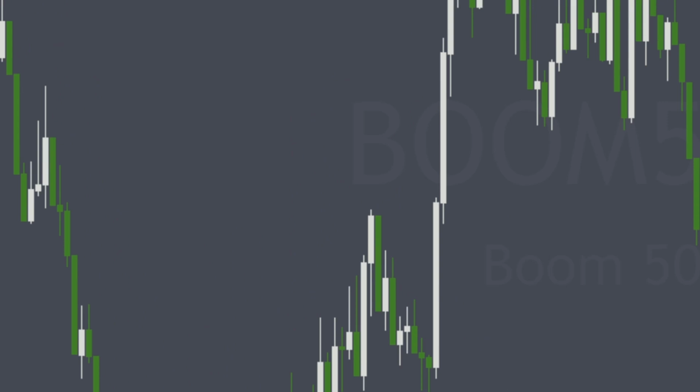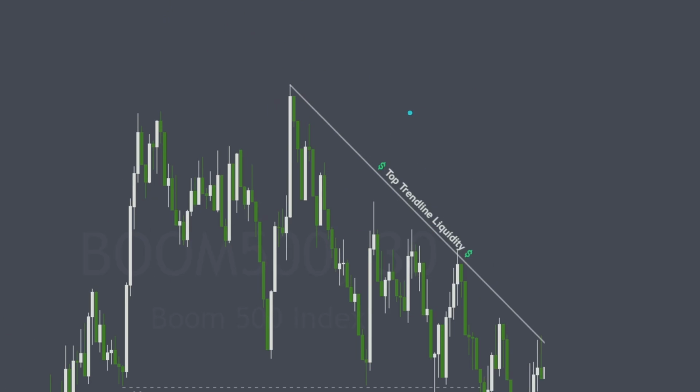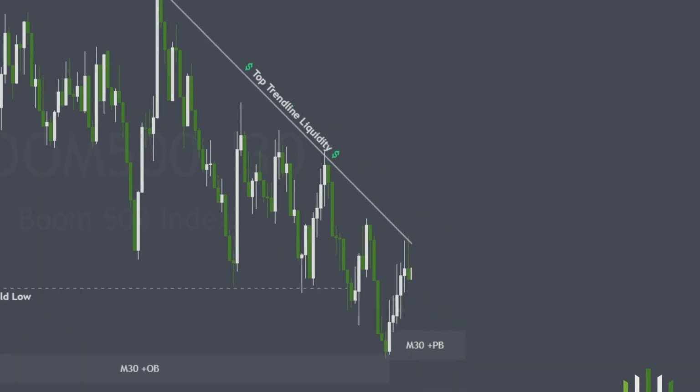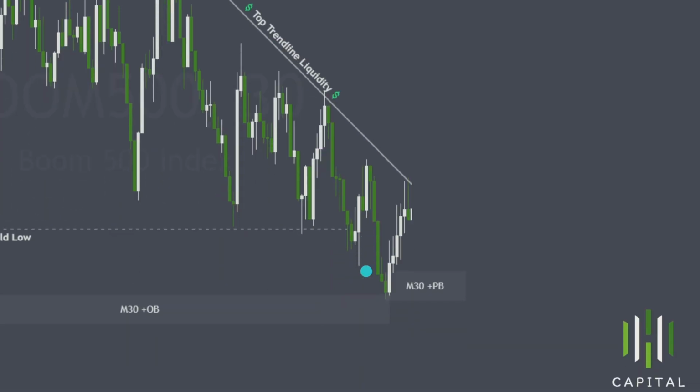It went to the upside, it reached into some level, looks like it reached into this bearish order block, the last up close candle, and it dropped to the downside. So as it was dropping to the downside, we formed a trend line theory here. So this now means this becomes our top trend line liquidity.